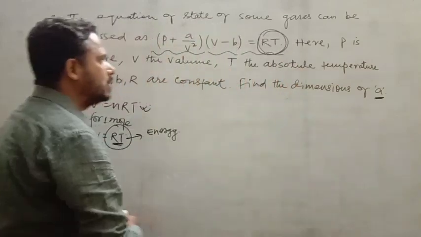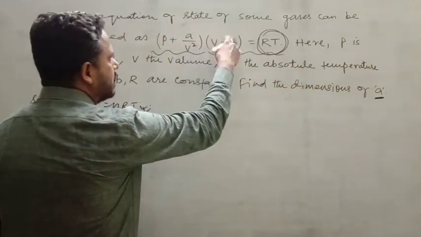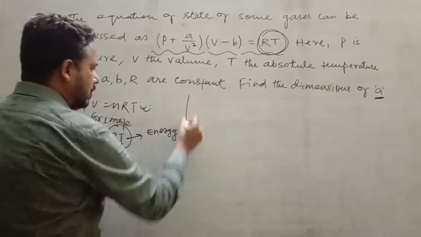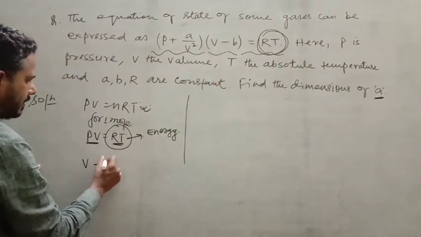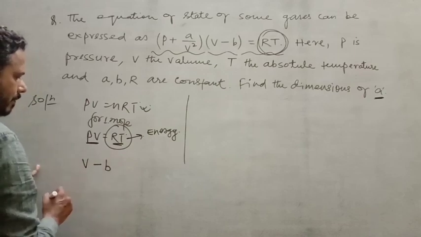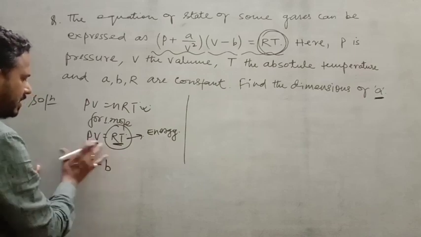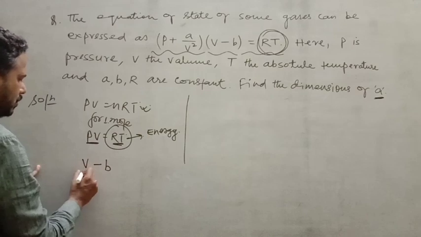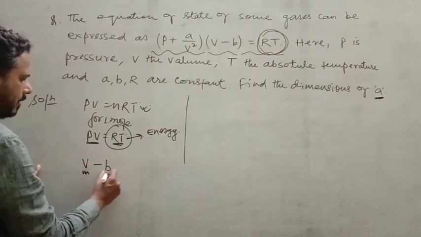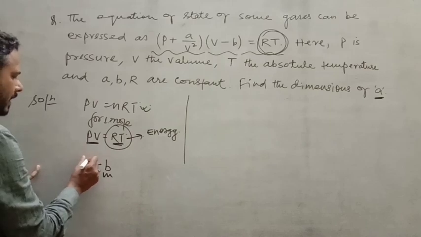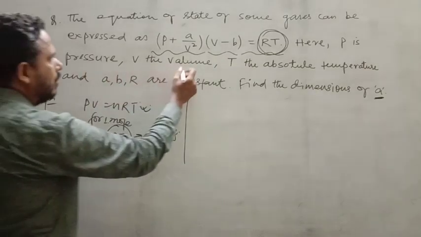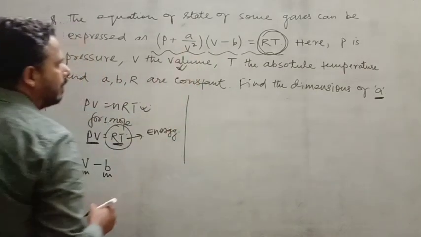If someone asks what is the dimension of B, you can understand it from here very clearly. I'm going to start from here. There is the factor V minus B. In this factor you have two components, V and B. Here V is volume.